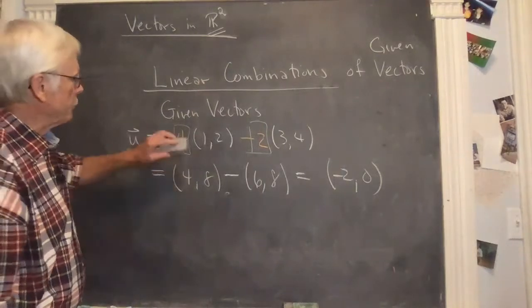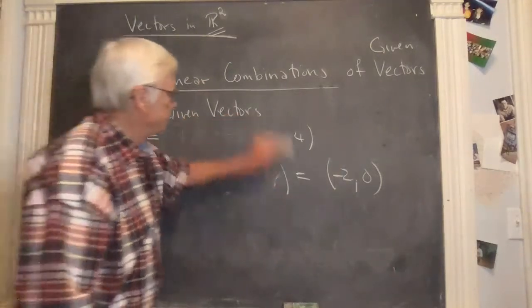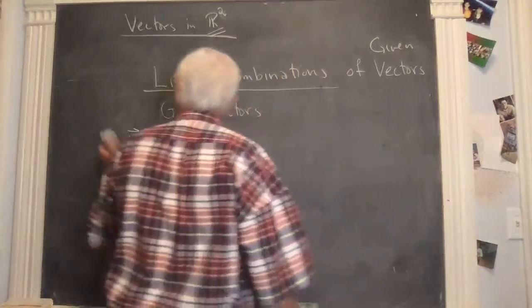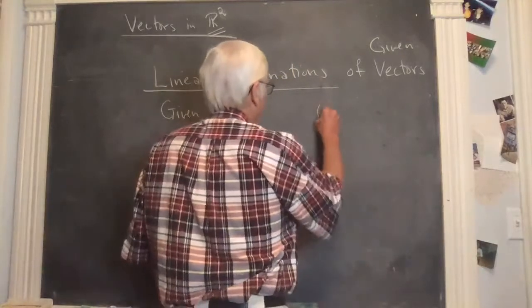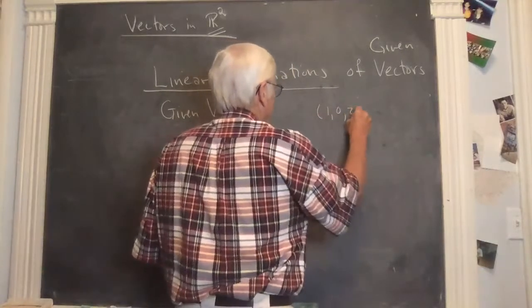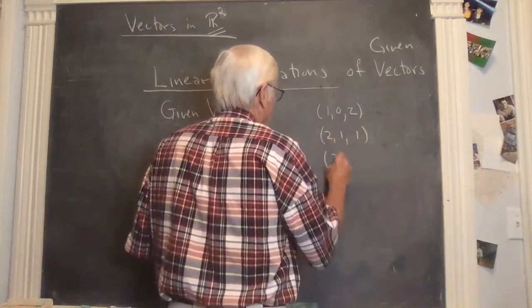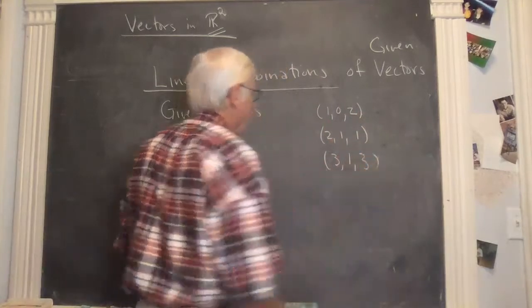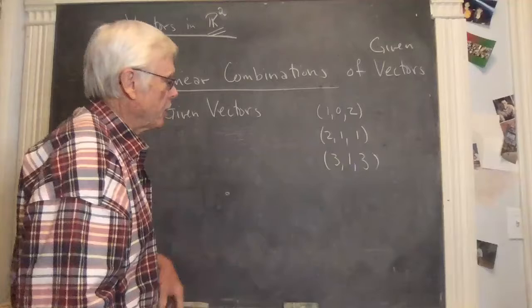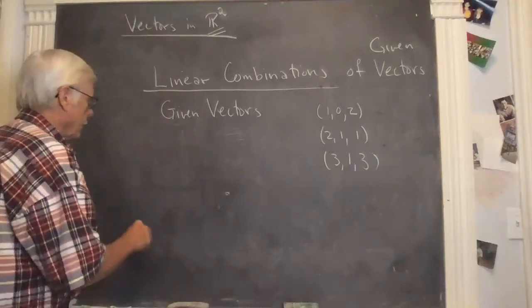If your given set of vectors was larger, let's say we're given the vectors in 3 dimensions, 1, 0, 2, 2, 1, 1, and 3, 1, 3. If we're given those vectors, what would a linear combination look like?